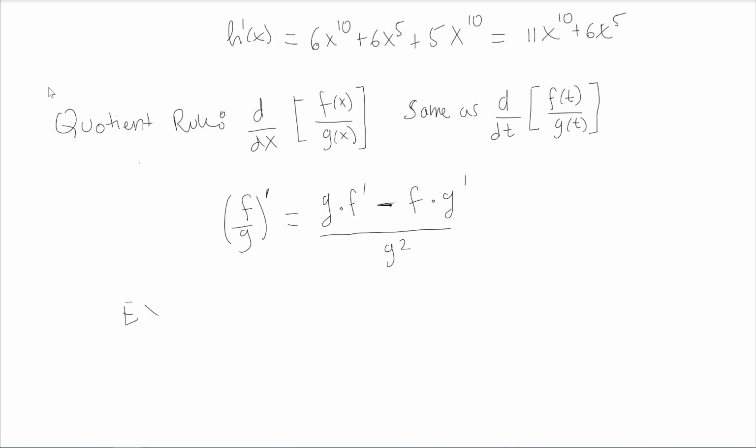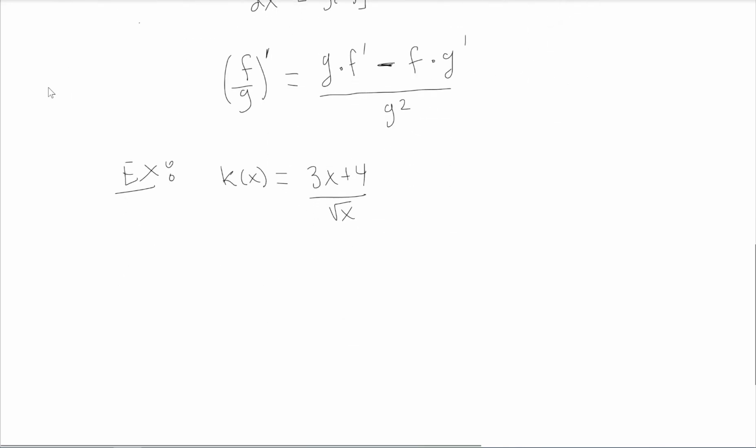So an example of this would be, let's say k of x is 3x plus 4 over the square root of x. Now, do we have to use the quotient rule for this one? No, but let's just practice it.